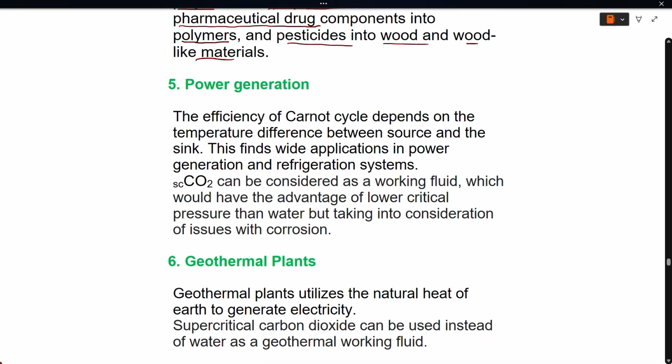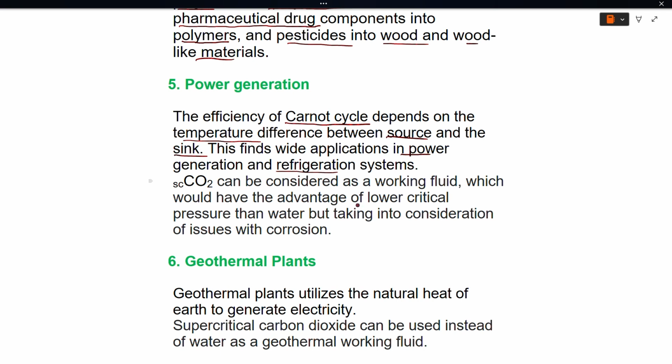Next is power generation, because we know that from the Carnot cycle, the temperature difference between the source and the sink determines its efficiency. And carbon dioxide is considered a very good working fluid in power generation as well as refrigeration systems.